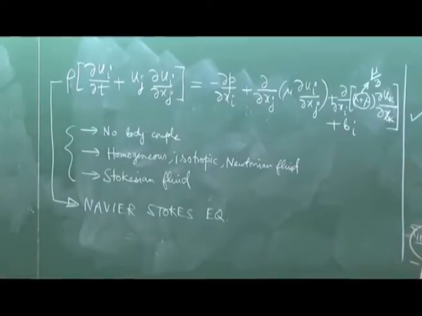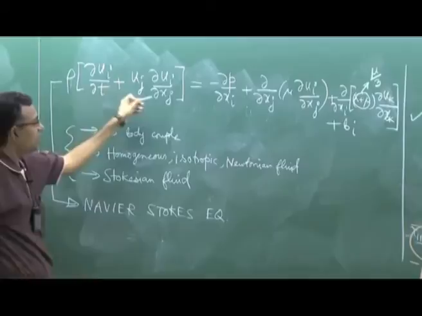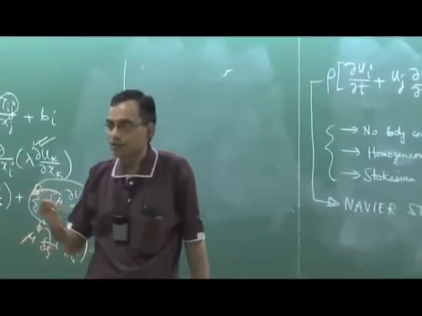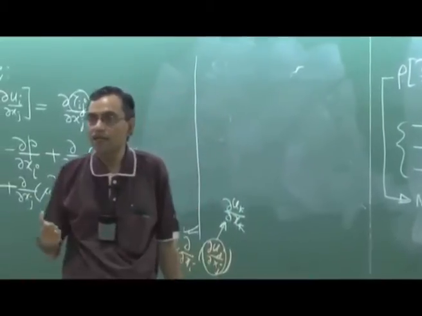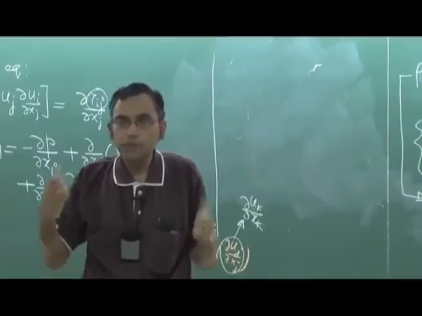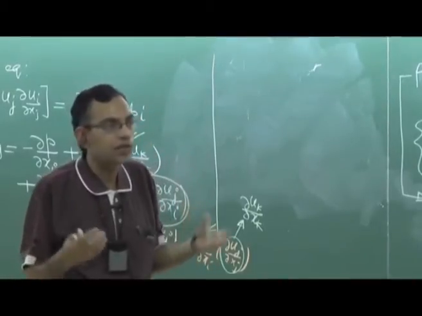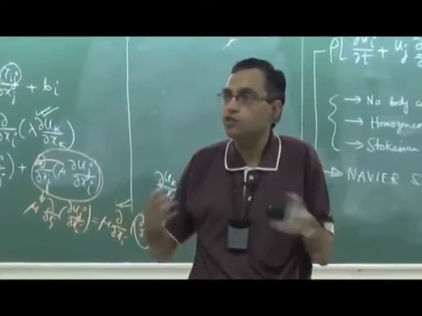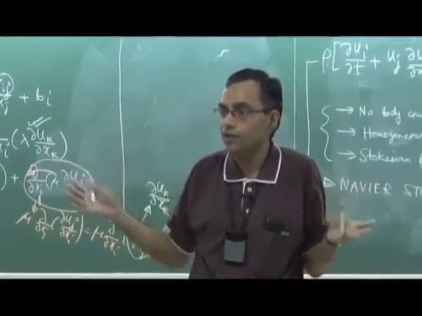There are special cases when the left hand side is equal to 0, that means the fluid has no inertia, that means the fluid is not accelerating, then that equation is known as Stokes equation. So this is a problem when a scientist does too many things. So you have Stokes law, Stokes hypothesis, Stokes equation, these are all different.